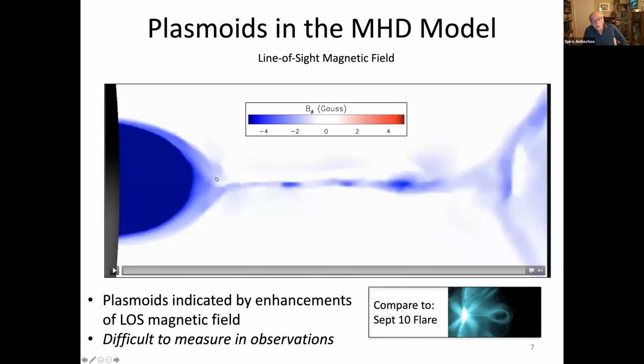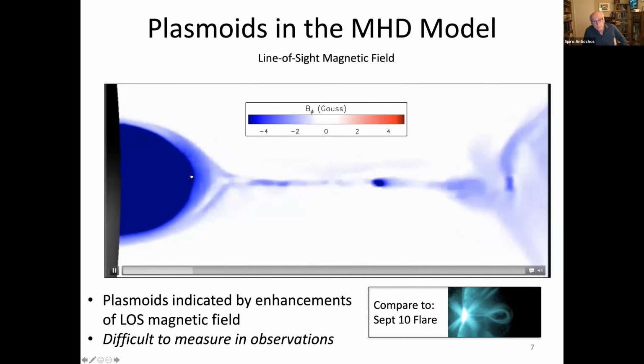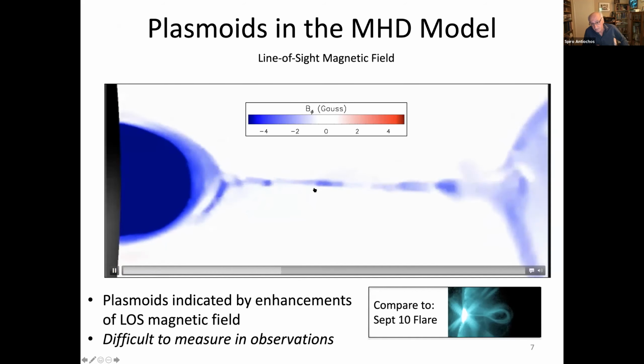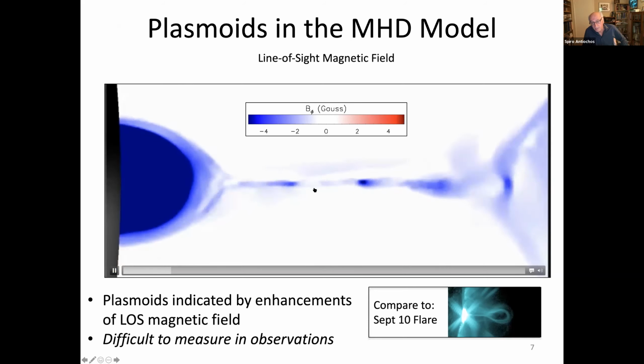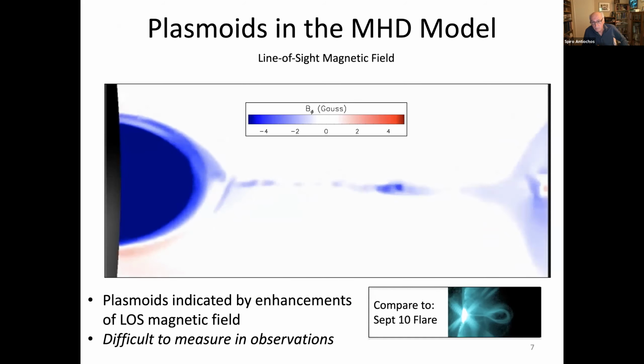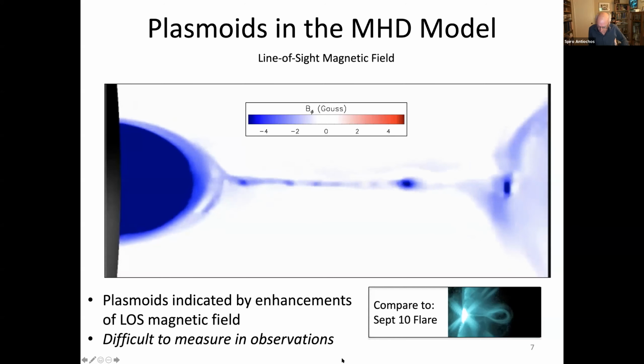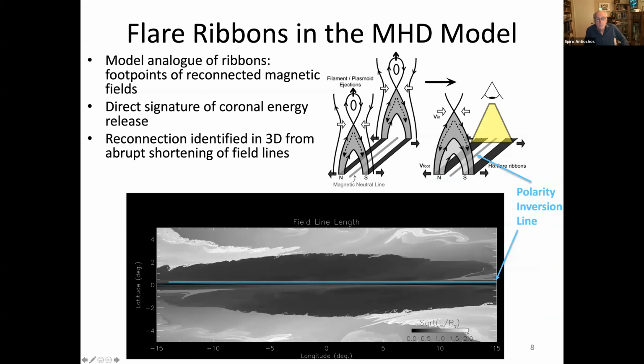Now, when you look at the current sheet in detail, the flare current sheet, you see this continuous ejection of little blobs, which in fact we know are plasmoids because we can measure them. But these are 3D plasmoids because they have a finite direction in and out of the board. If we want to get the analogy to the flare ribbons, we can do that.